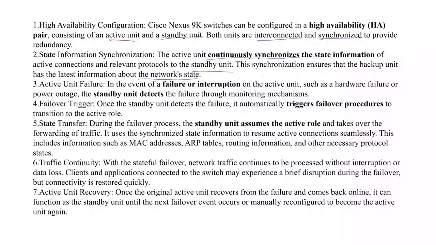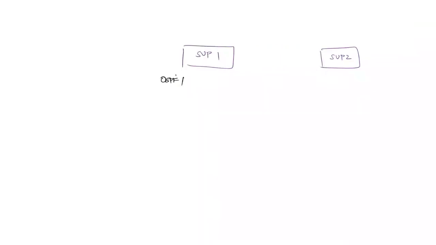Let's say there is OSPF1 running on top of SUP1 at this point, and that runtime information, the OSPF process, is synchronized on SUP2.